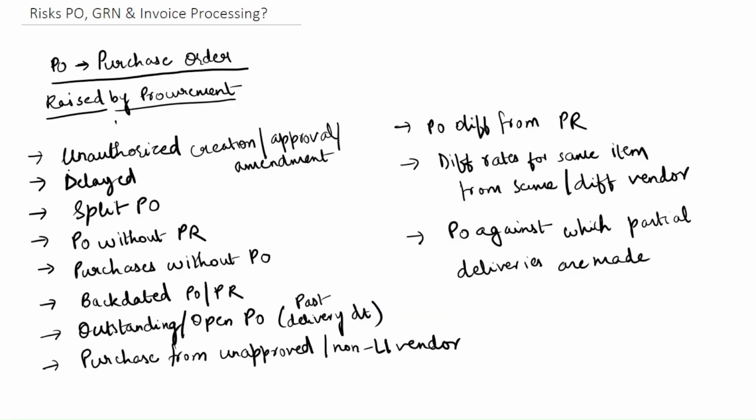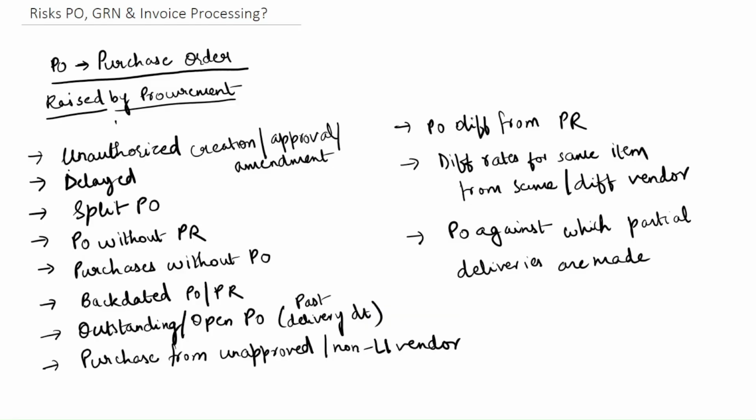Firstly, there's a risk that the purchase order may not be authorized properly. So you need to check that the POs are created and approved as per the DOA, and again look for proper segregation of duties, which means that the same person should not be able to create, modify, and approve the purchase order.